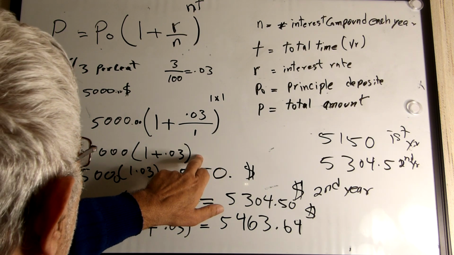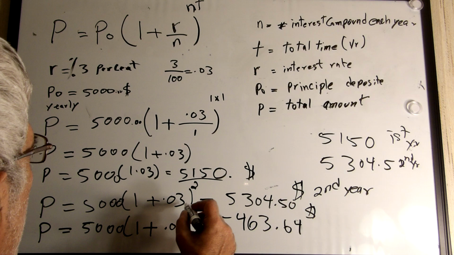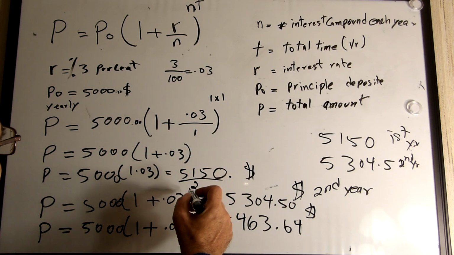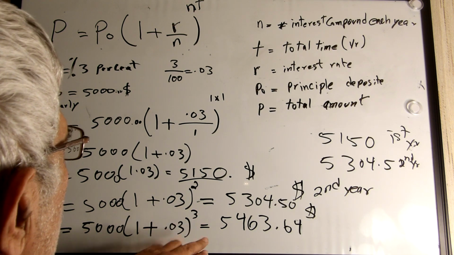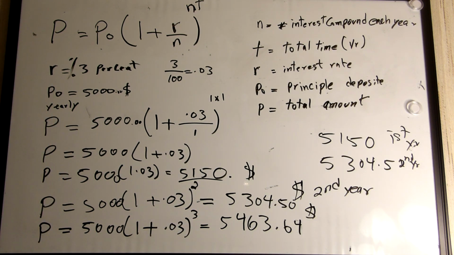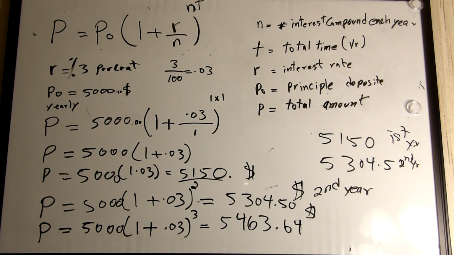This is the first year, and this is the second year. This is 2 to the power of 2, because t is 2, and t is 3 for 3 years. In 3 years the total amount you have in the bank, if you don't withdraw anything from the bank, is 5,463.